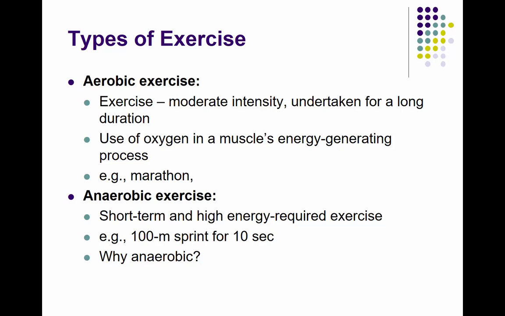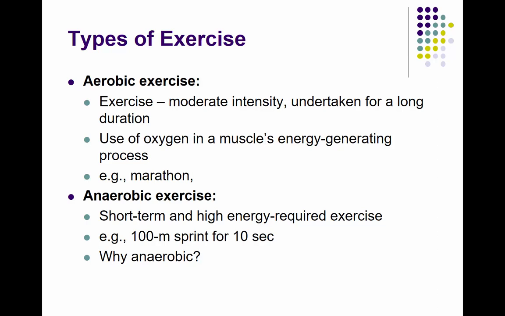I just said oxygen is required for aerobic exercise. Mitochondria is one thing, and oxygen is the other. Why is a 10-second, 100-meter sprint anaerobic? Yeah, it has to do with the fact that we can't get oxygen there fast enough for these activities, so we have to access something quicker.